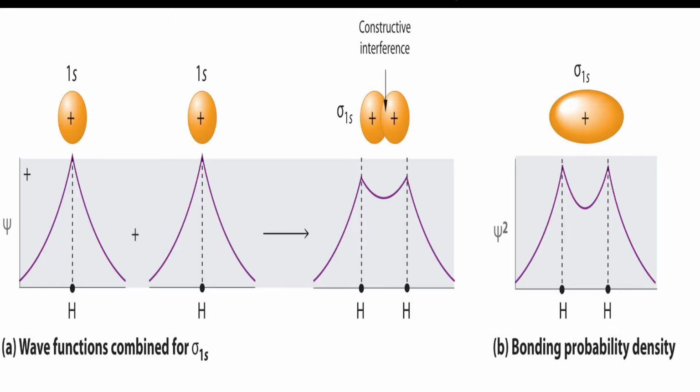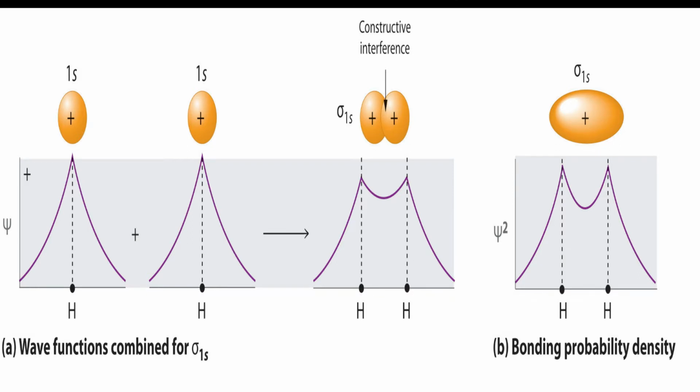If the positive phase of one wave and the positive phase of the other wave combine, we get a resultant large positive wave. That kind of combination is called additive combination, and the result is a bonding orbital.